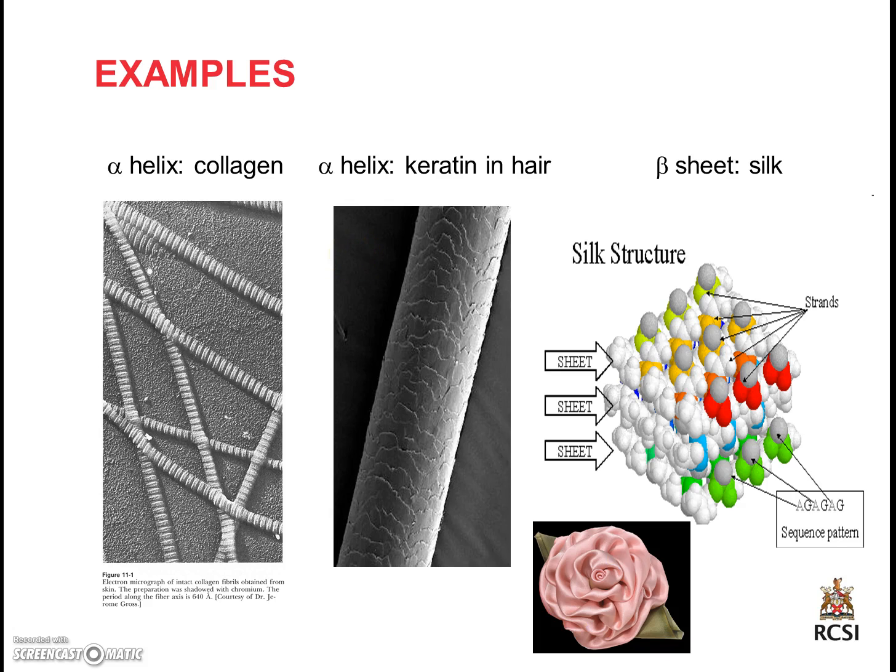I would like to draw your attention in particular to this beautiful electron micrograph of collagen, where we have beautiful filaments or threads of collagen lying across each other. And it is a marvelous example of a pure alpha helical structure in a protein. Collagen is really important as a protein in the body, and you will come across it again and again as you go through the course.